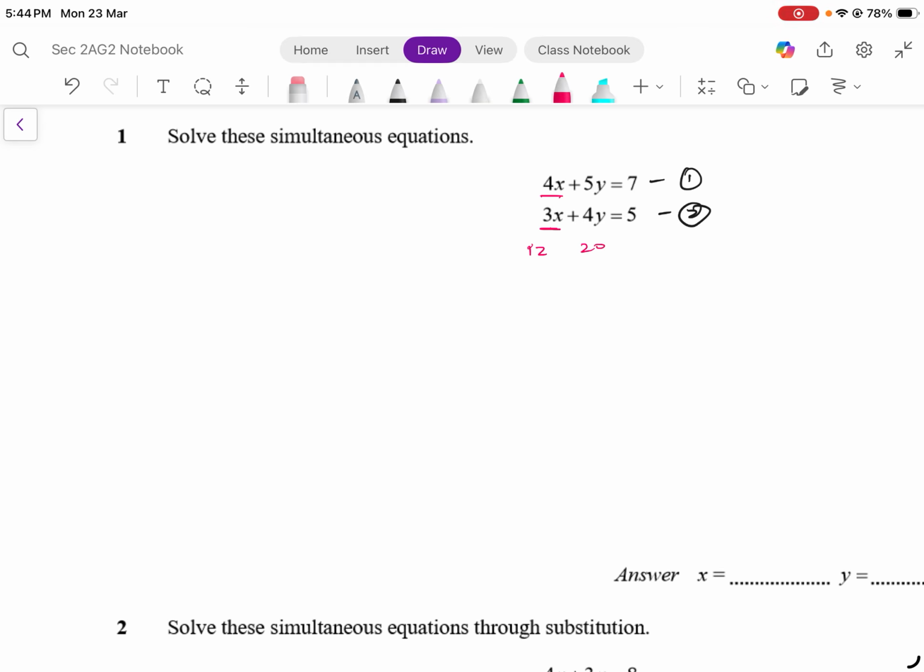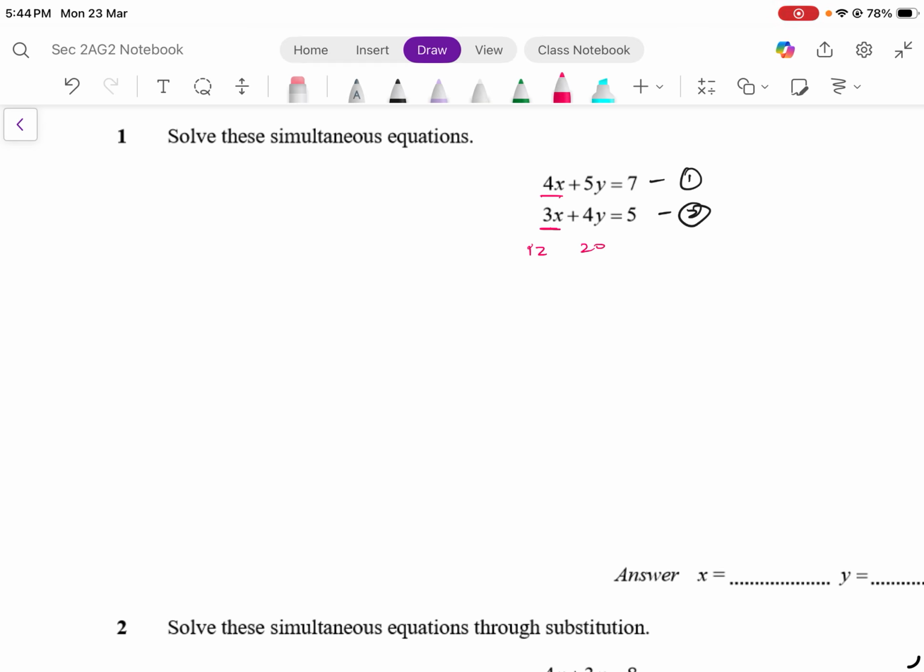Okay, so I'm going to take equation 3 minus equation 4 to get rid of the 12x. Remember the change of sign, and down here you still have to do the same for the numbers.